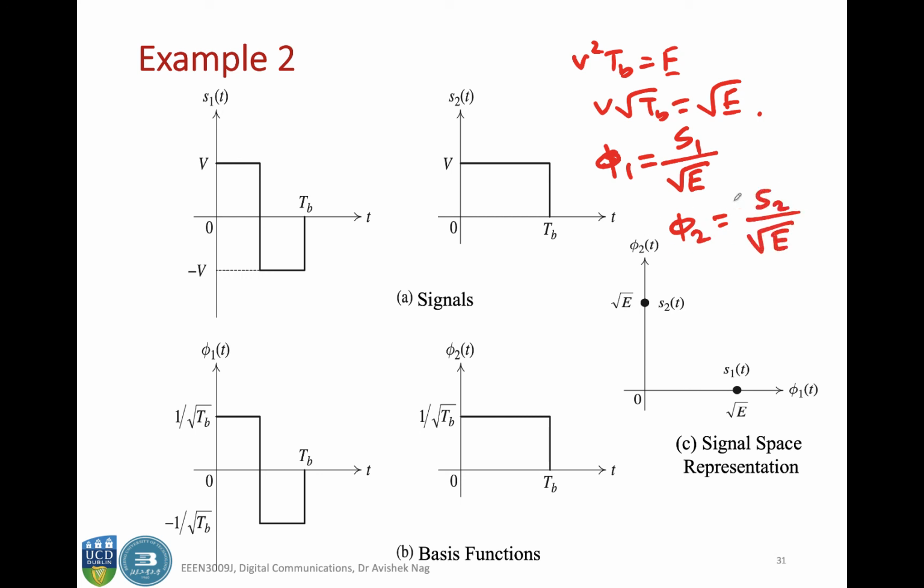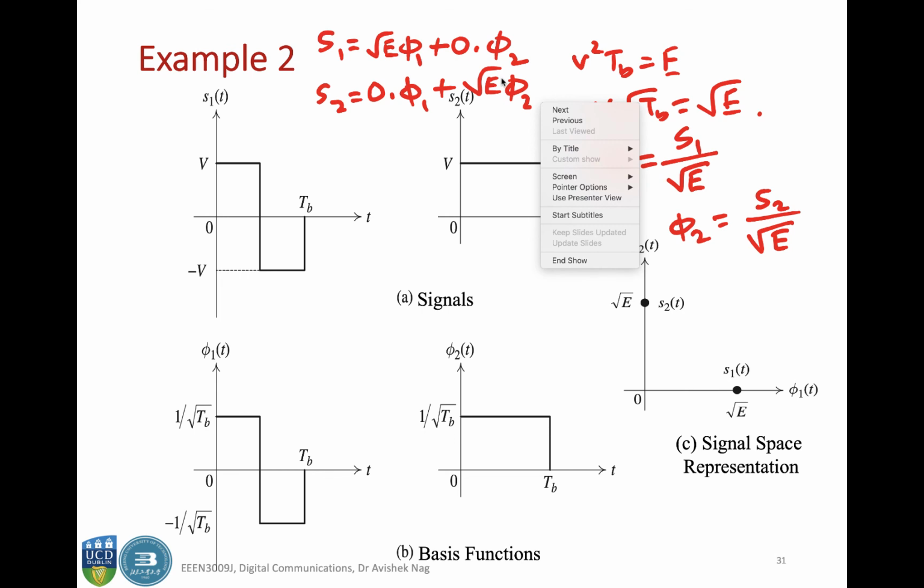So therefore you can write S1 and S2 as linear combinations of phi 1 and phi 2. So S1 is basically square root of E times phi 1 plus 0 times phi 2, and your S2 is basically 0 times phi 1 plus square root of E times phi 2.